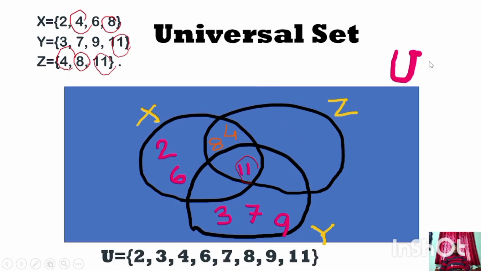Here the universal set can be written by taking all the elements of the sets X, Y, Z. The universal set contains all the elements of the different sets. The set U contains all the elements of the set X, the set Y, and the set Z. That's why U is a universal set. Is it clear about the universal set?